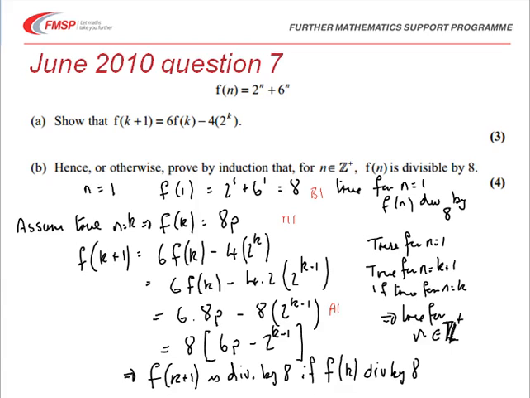And then a final A mark once the proof was complete, and this was a CSO, so correct solution only. So any errors would lose that final mark.